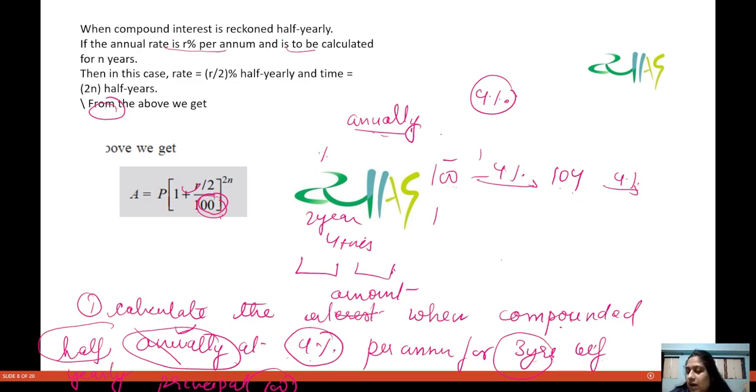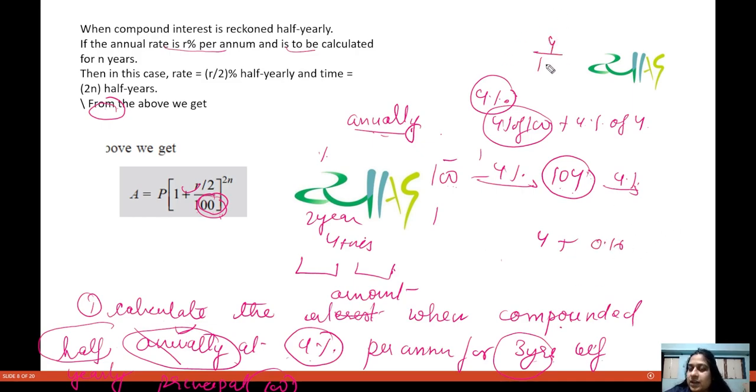Now how can you calculate this? 4% of 104 is 4% of 100 plus 4% of 4 rupees. 4% of 100 is 4 only, and 4% of 4 is 0.16.